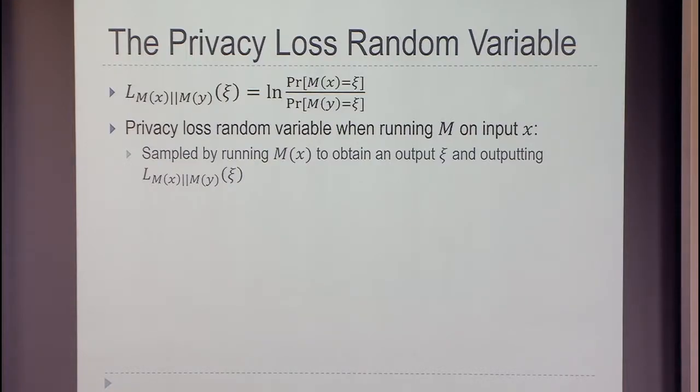That's going to be our privacy loss random variable with respect to y when we're running on x. And we sample this privacy loss random variable, as I said, by running m of x to obtain xi and then output that quantity. All right, privacy loss random variable.